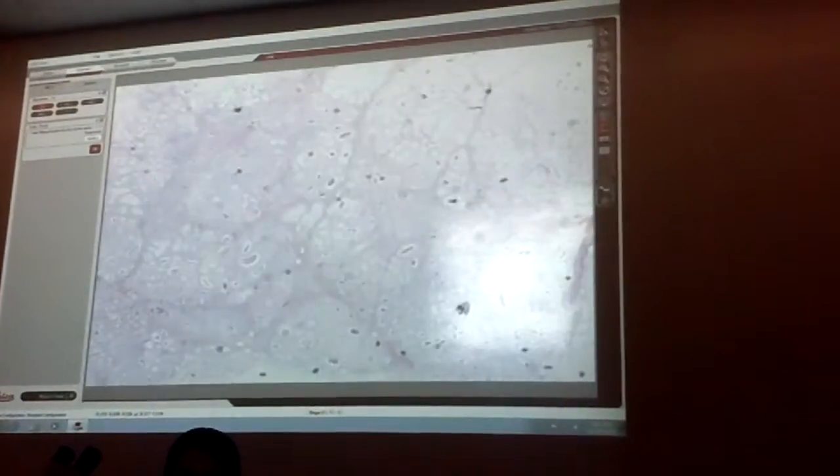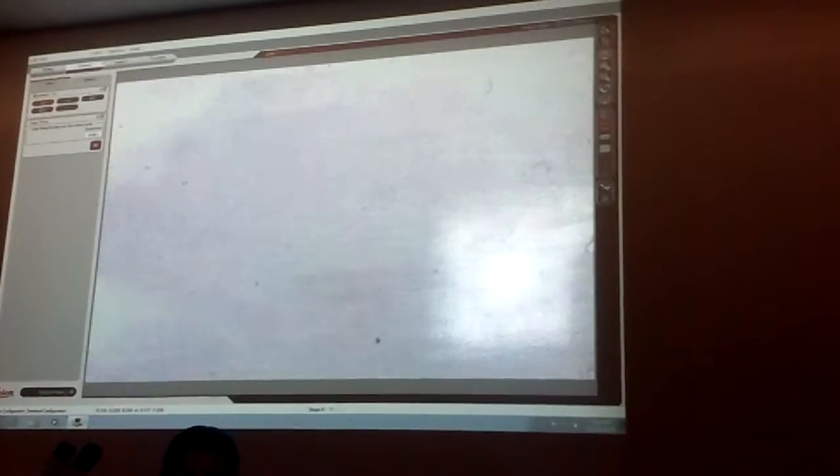And here is our lactating. Find a good lactiferous duct.